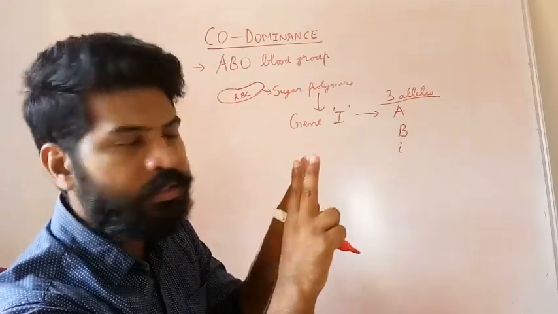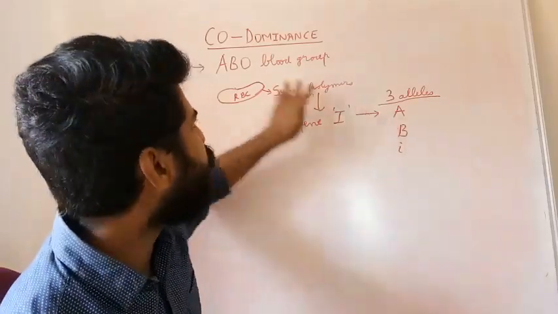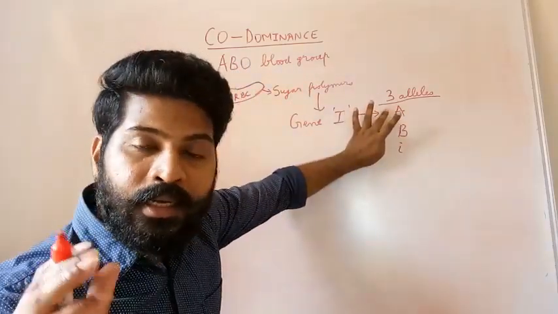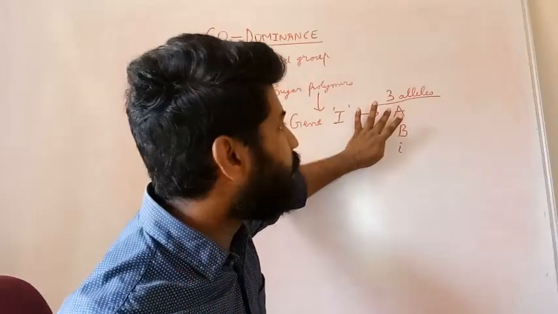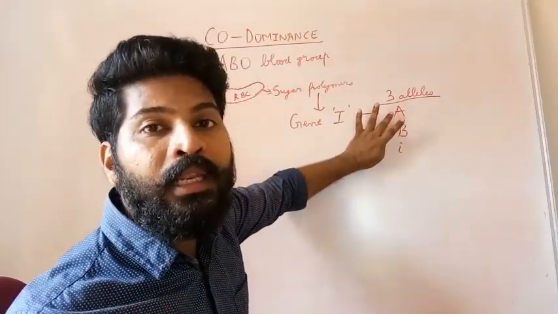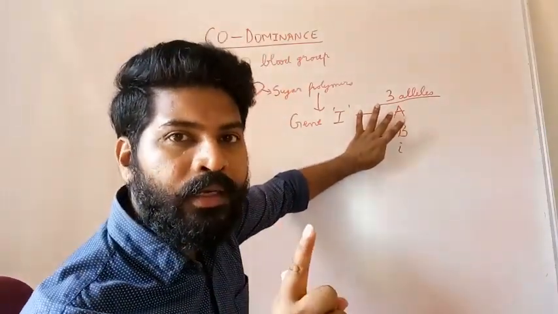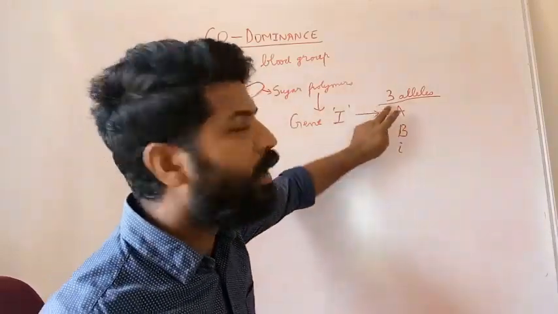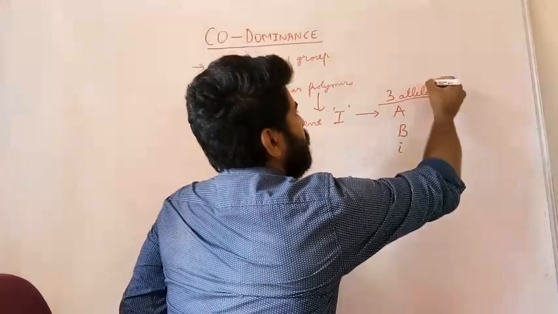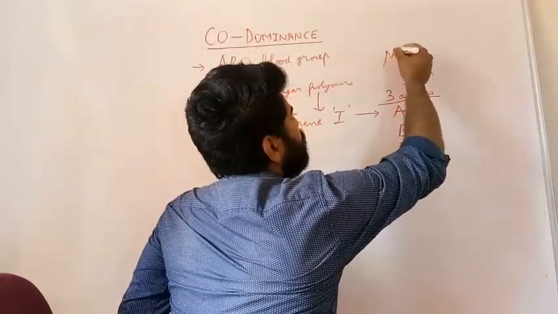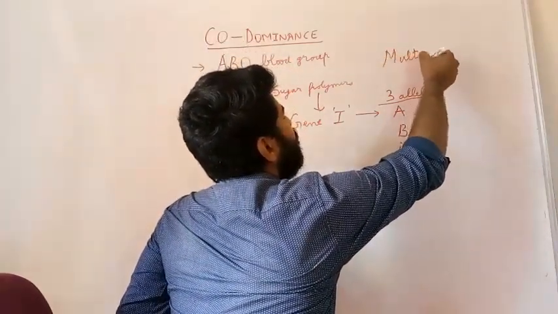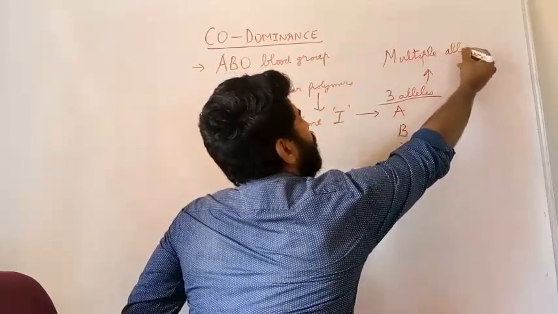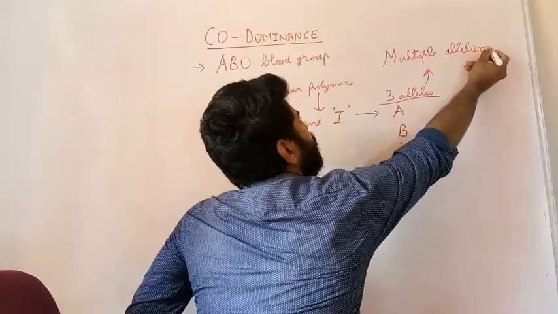There are two alleles, whereas in this case of the human blood group there are three alleles. This is a best example for what is called as multiple allelism, where one trait, that is the blood group, is controlled by more than two alleles. So these are examples for multiple alleles. The phenomenon is called as multiple allelism.